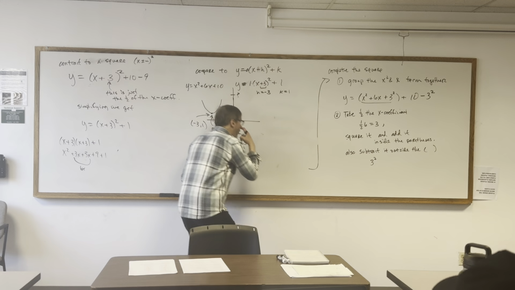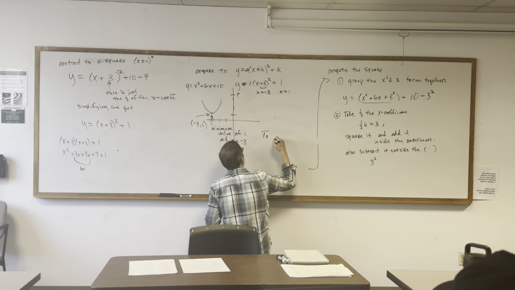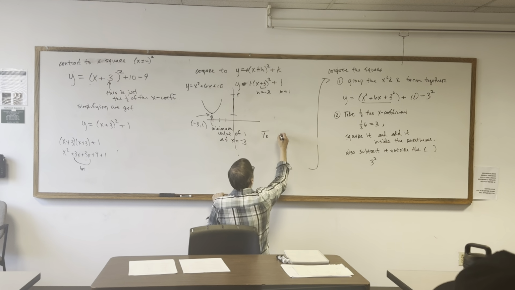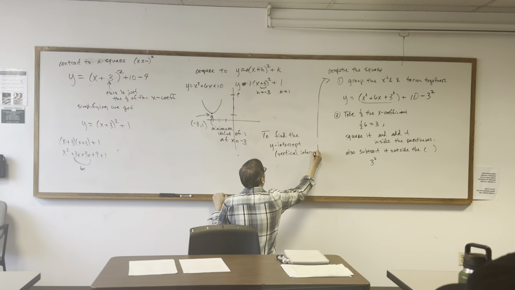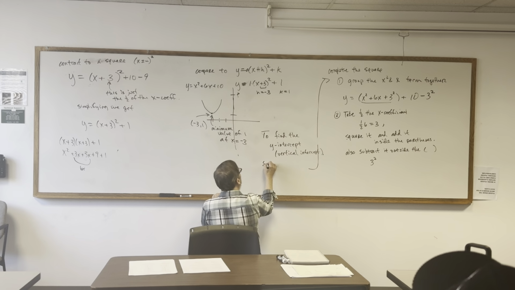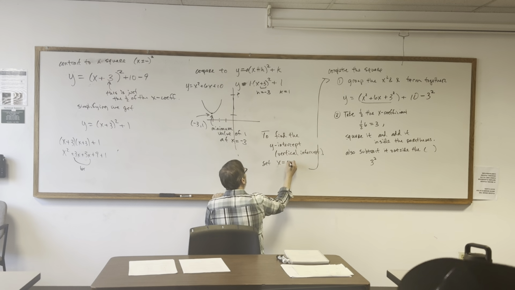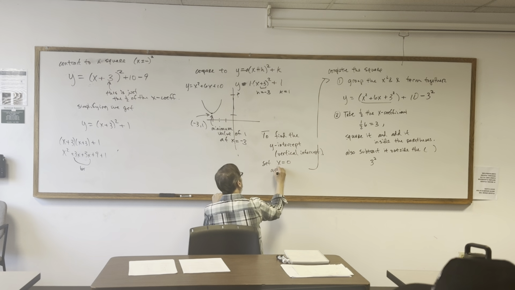This is something we're going to do in our homework online and in practice, to find the y-intercept. In our book, they call that the vertical intercept. Set x equal to 0 and find y.